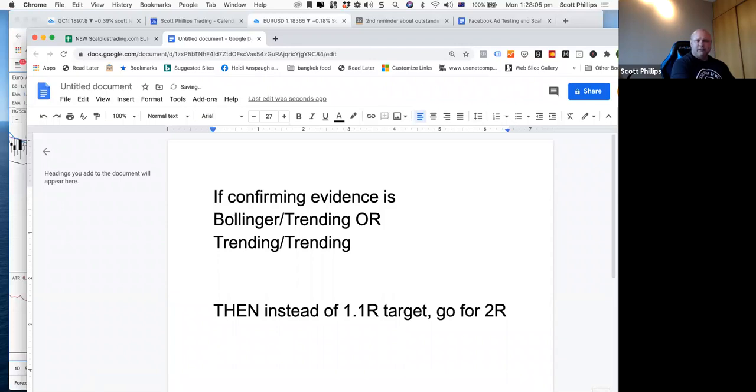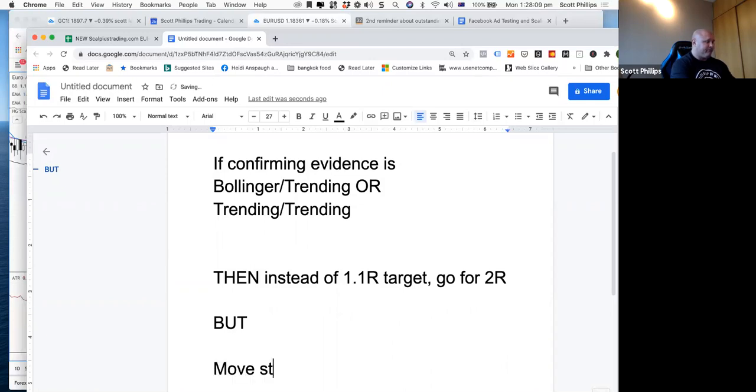But you move your stop to break even at 1R. So let's go through that again.